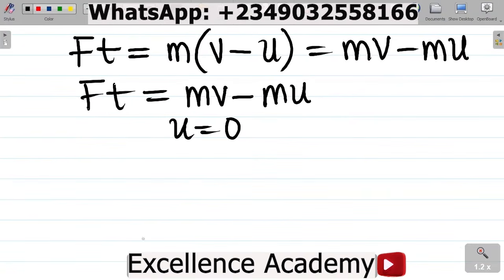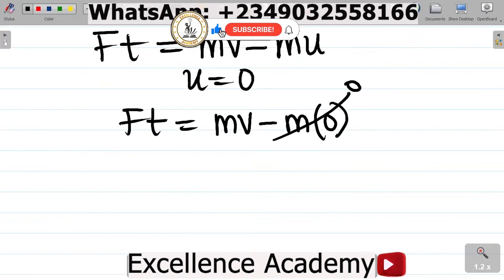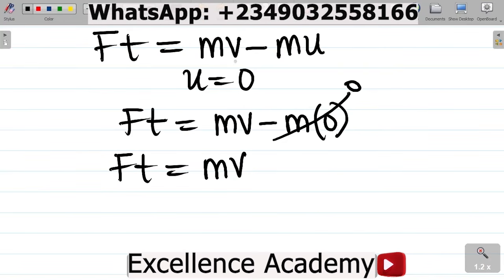And if U is 0, we'll have force times time is equal to mv minus m. Initially at rest, U is 0. That becomes m times 0. That gives you 0. So it cancels out this equation. In essence, we'll have that force times time is equal to mass times final velocity. What you have here is the expression for final momentum. Right? So final momentum is simply mass times final velocity.